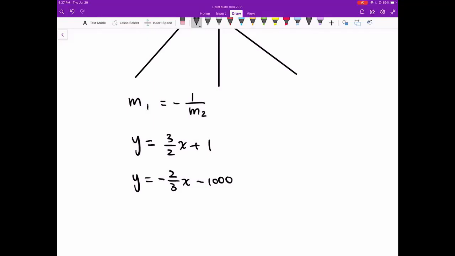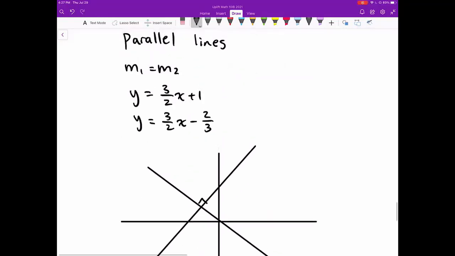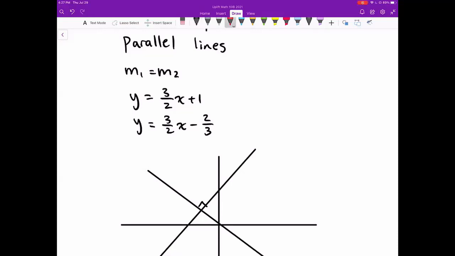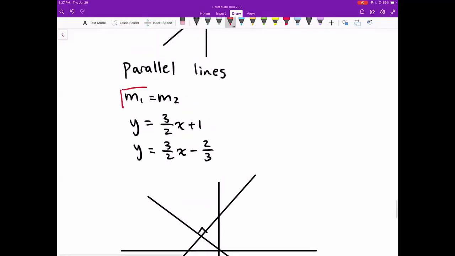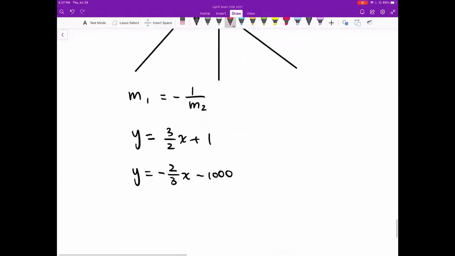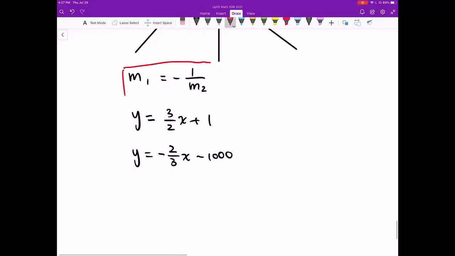So for both parallel and perpendicular lines, the b value does not matter, and only the slope matters, if that makes any sense. So just remember, for parallel lines, m1 equals m2, and for perpendicular, m1 equals negative 1 over m2.